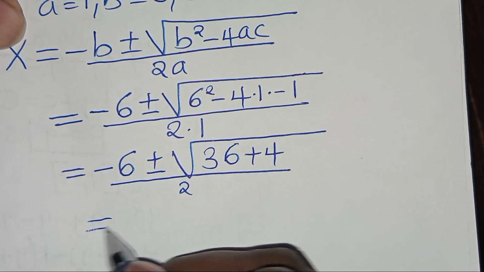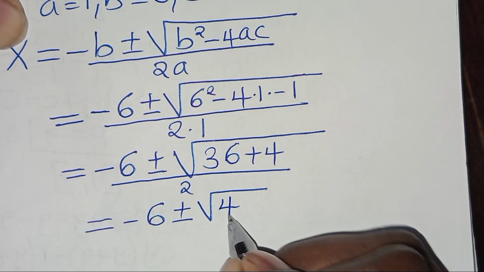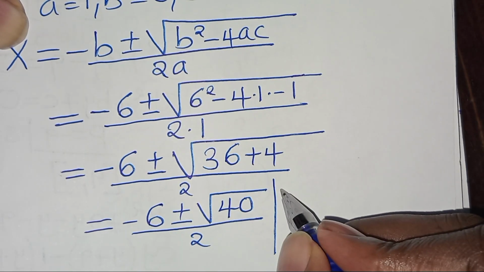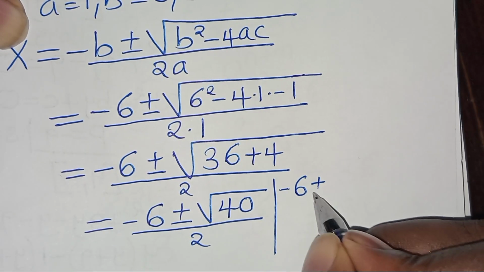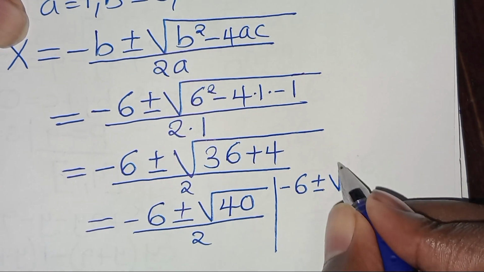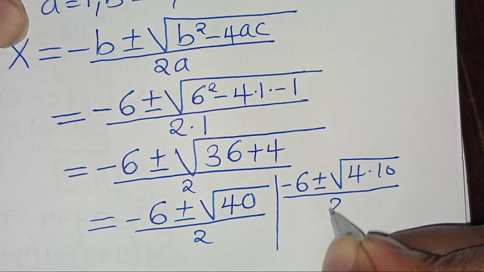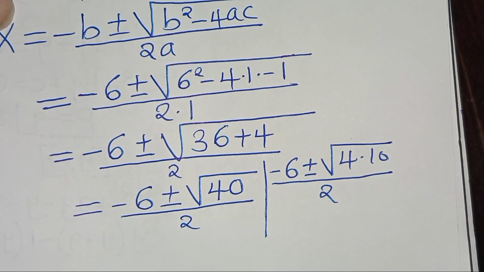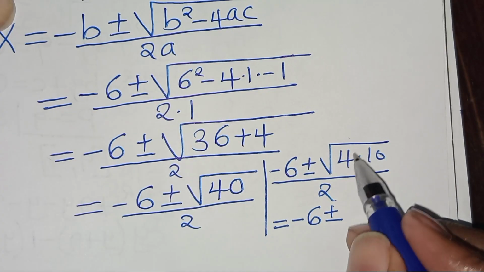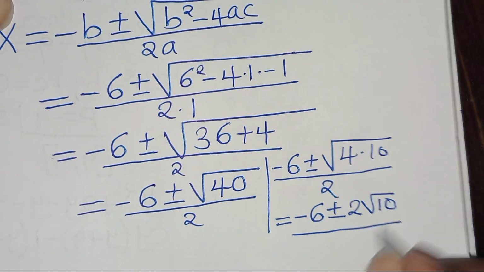So here we have minus 6 plus or minus the square root of 40 divided by 2. 40 can be expressed as 4 times 10, everything divided by 2. So we have minus 6 plus or minus the square root of 4, this is 2, then square root of 10, everything divided by 2.